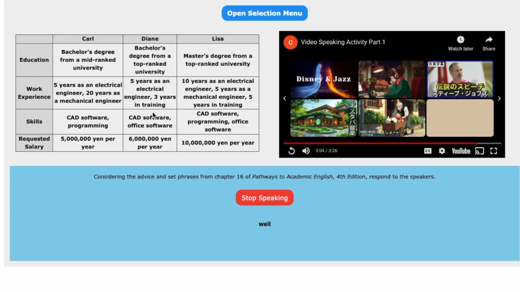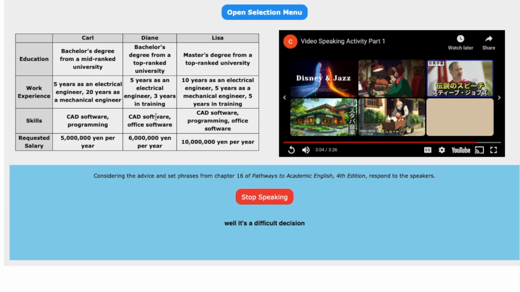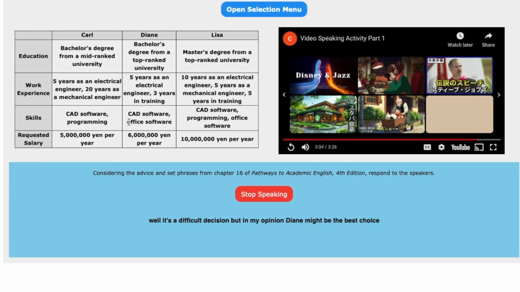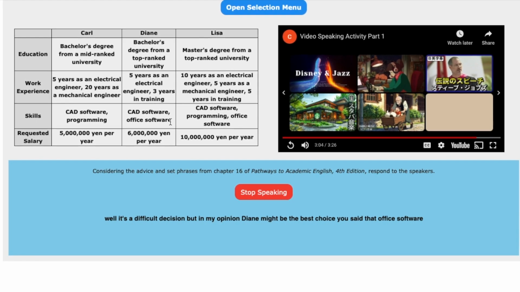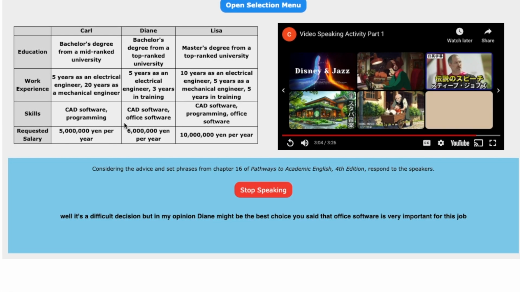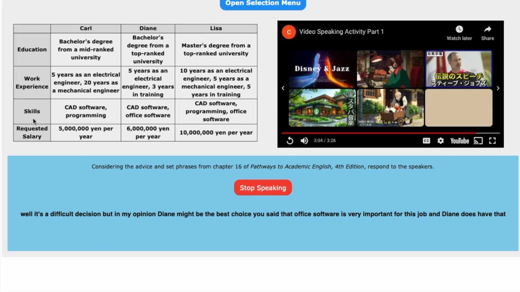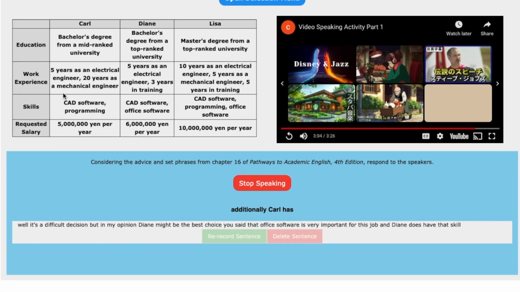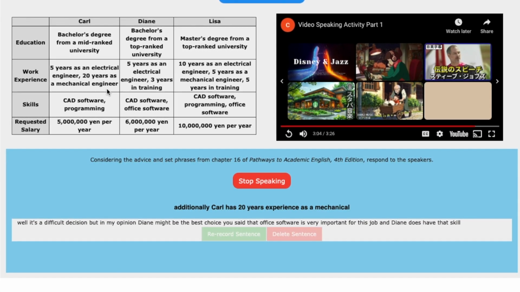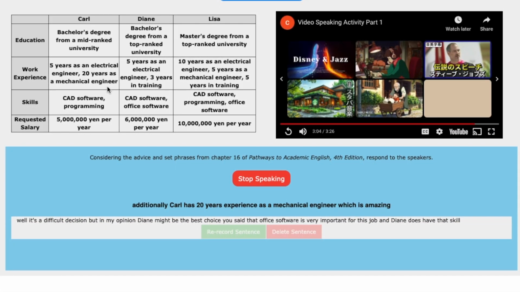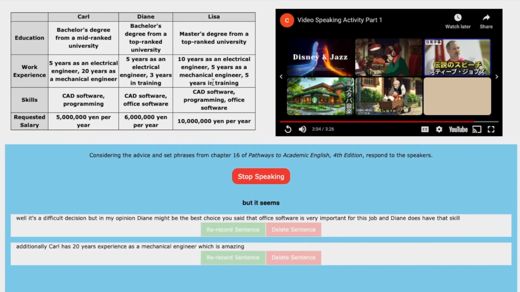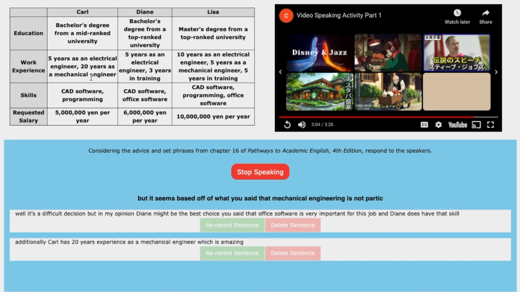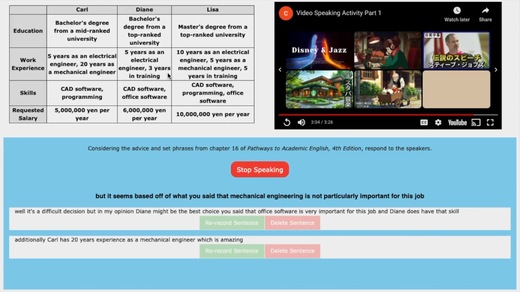Well, it's a difficult decision, but in my opinion, Diane might be the best choice. You said that Office software is very important for this job, and Diane does have that skill. Additionally, Carl has 20 years experience as a mechanical engineer, which is amazing, but it seems, based off of what you said, that mechanical engineering is not particularly important for this job.